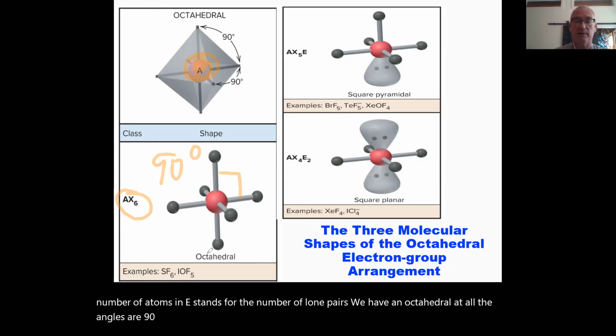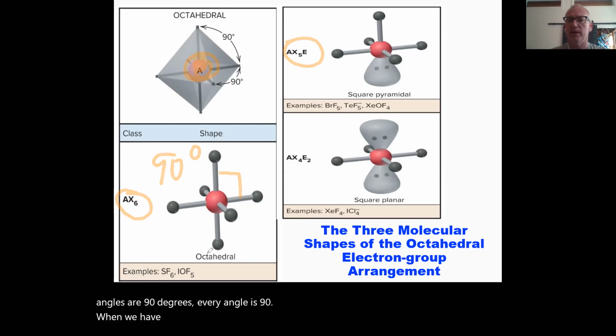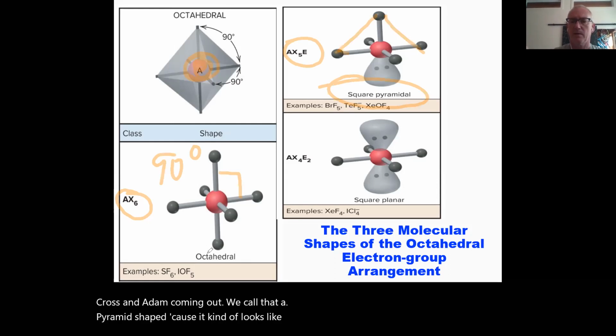Every angle is 90. When we replace 1 with a lone pair, we have this sort of square shape. We sort of have this cross and an atom coming out. We call that a square pyramid shape, because it kind of looks like a pyramid, but square.